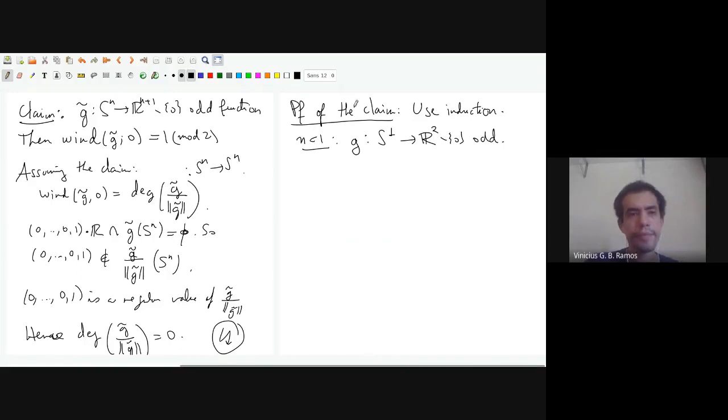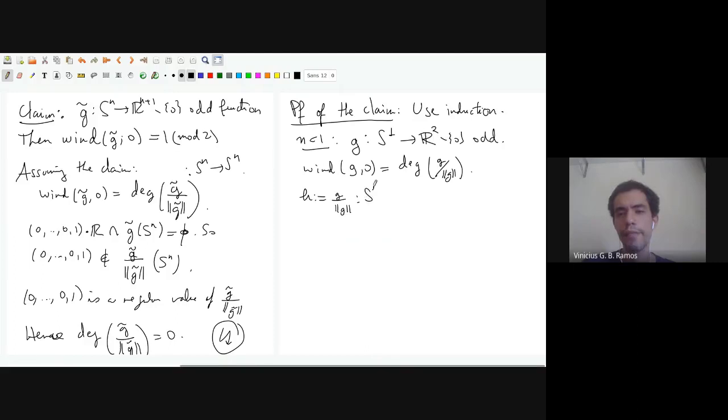Okay? And I want to compute the winding number of g with respect to 0. That's the same thing as the degree of g divided by the norm of g. So let me call this h, g divided by the norm of g.